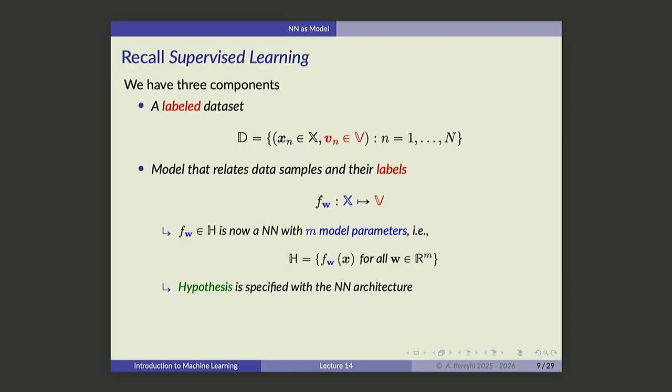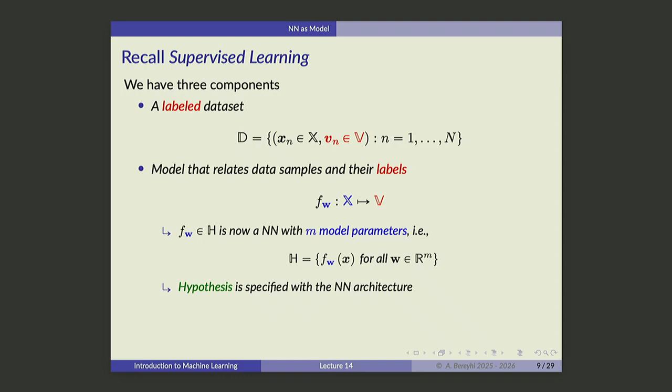Now, considering this assumption as compared to the linear models, which one is a stronger assumption? The stronger assumption, I don't mean which one is more powerful. I'm talking about which one is less realistic. The linear model is less realistic, right? There's no reason. Most of the things you see in nature are not linearly related, so there's no reason for them to be linear.